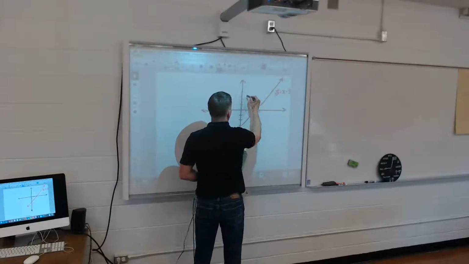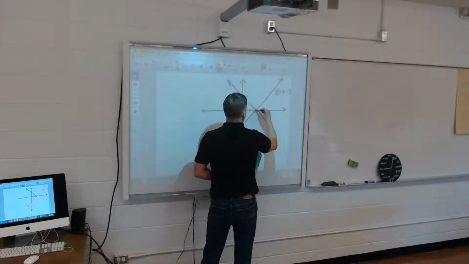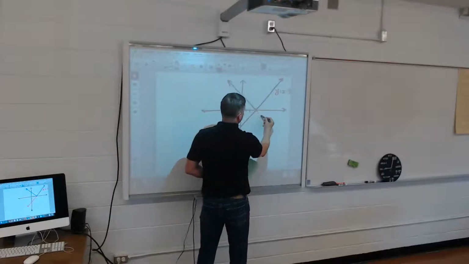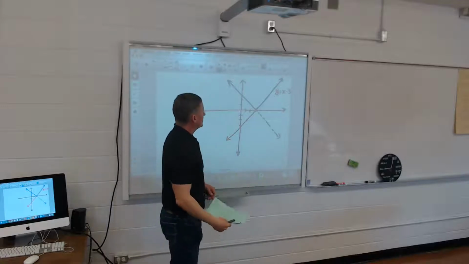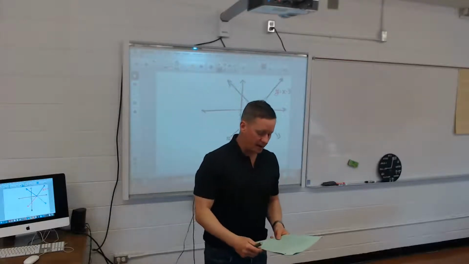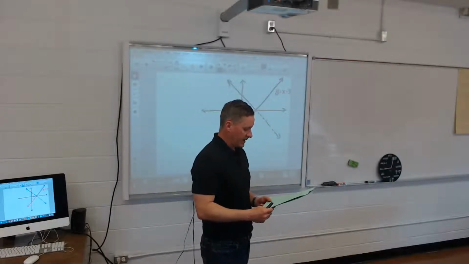So 1, 2, 3. So there's my original graph. I'm just going to draw this in here for later on. Okay, so the solid blue is my graph of y equals the absolute value of x minus 3. It says determine the intercepts.